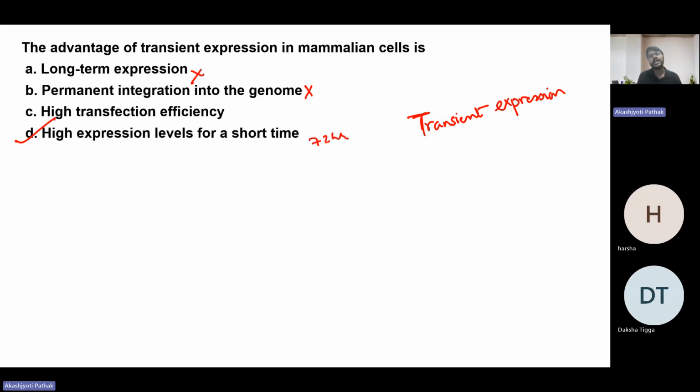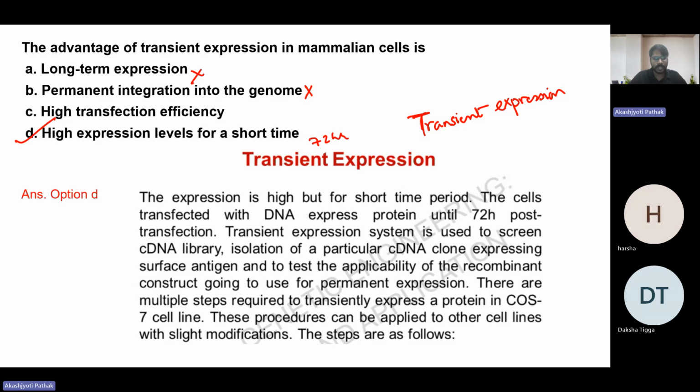But after that, once this cell starts dividing, this plasmid will no longer be there in the cell that has divided. So you need to again transfect the cell with your gene of interest plasmid. Okay, so you can read this: in transient expression, the expression is high, but for a short period of time.